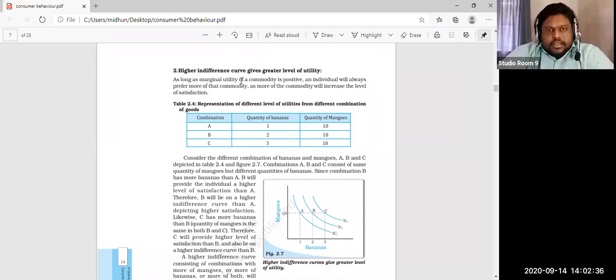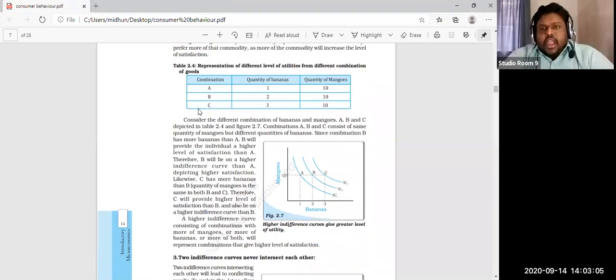But in the ordinal approach, if the price is not very high and the product provides satisfaction or utility, the consumer will always purchase more quantity of the product, as more of the commodity increases the level of satisfaction. In such cases, more commodity is able to provide more satisfaction. That is not related to almost all commodities.